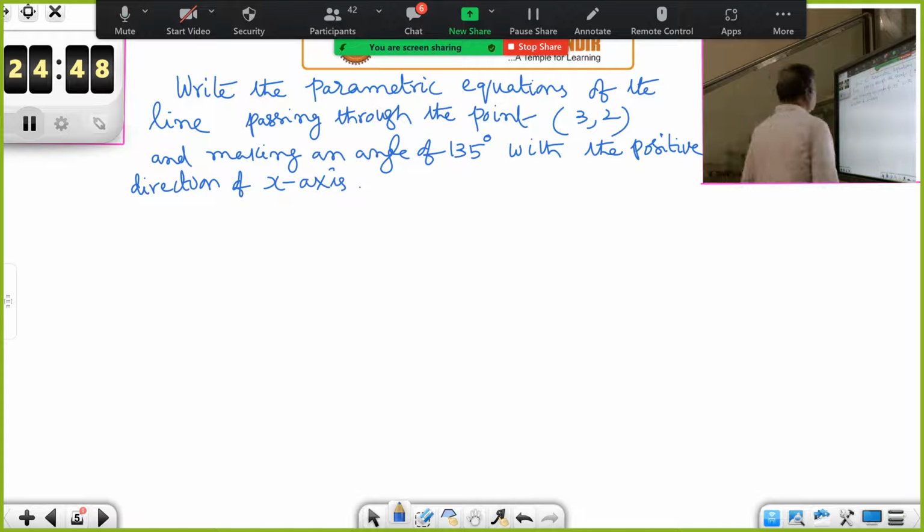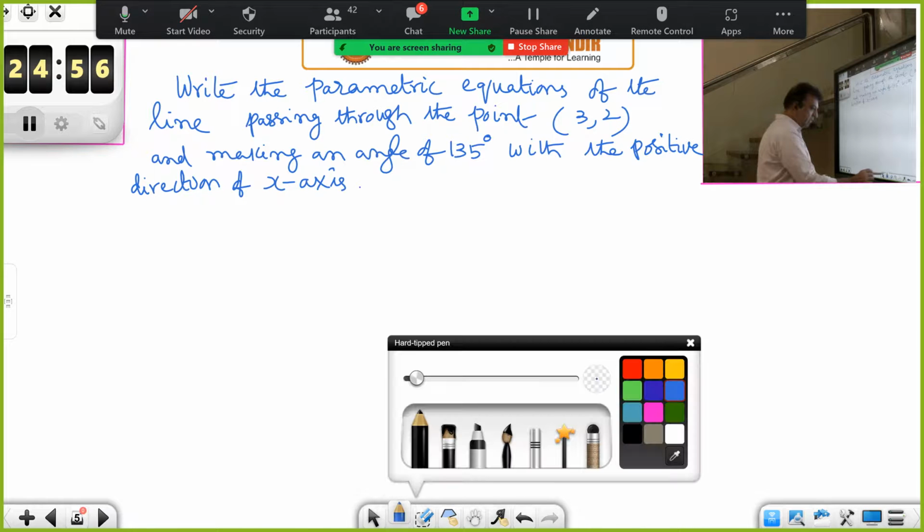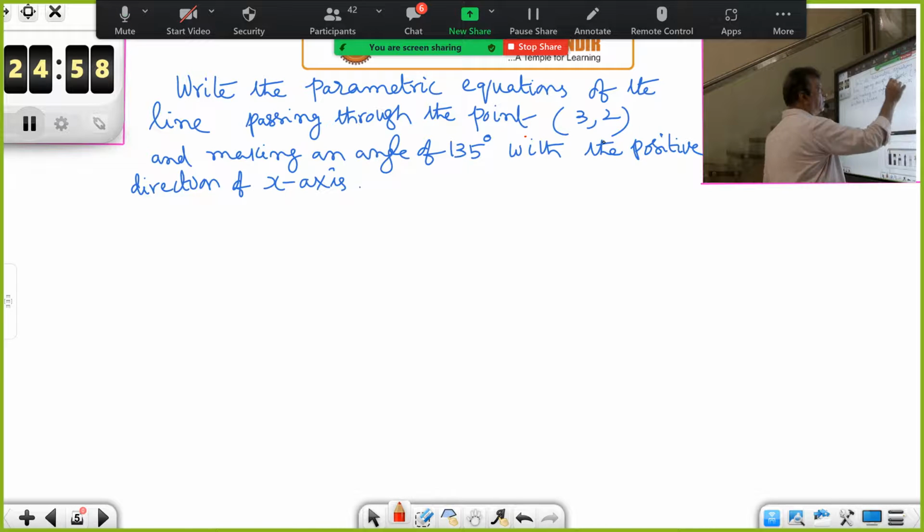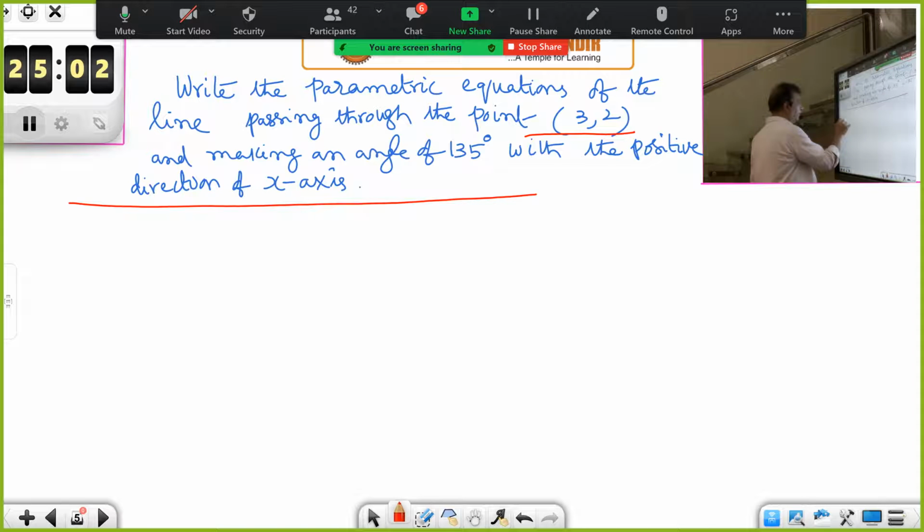See, write the parametric equations of the line passing through the point 3, 2. It passes through the point 3, 2. That means our x1, y1 is 3, 2.